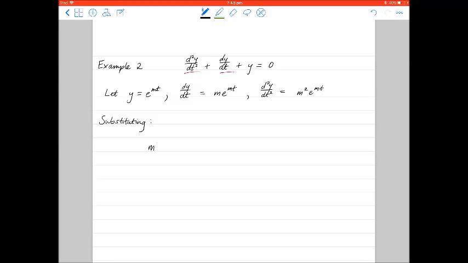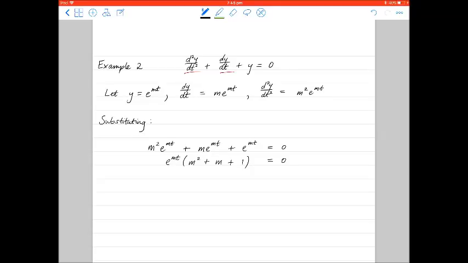I get m² e^(mt) + m e^(mt) + e^(mt) = 0. This expression on the left-hand side, I can factor out e^(mt), and what I'm left with is m² + m + 1 = 0. e^(mt), for any t, is always greater than 0.